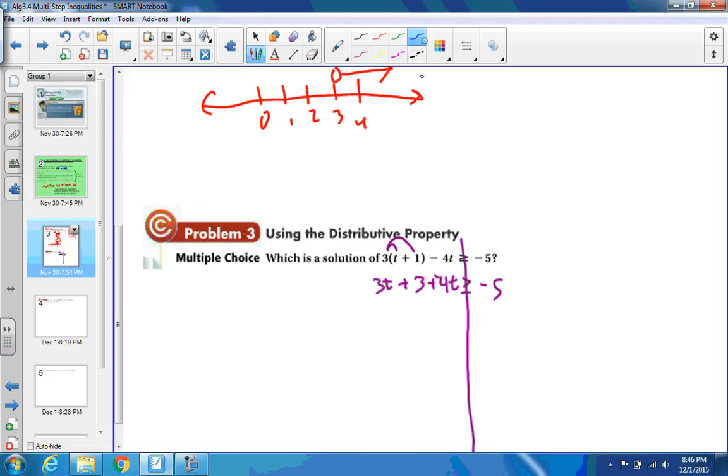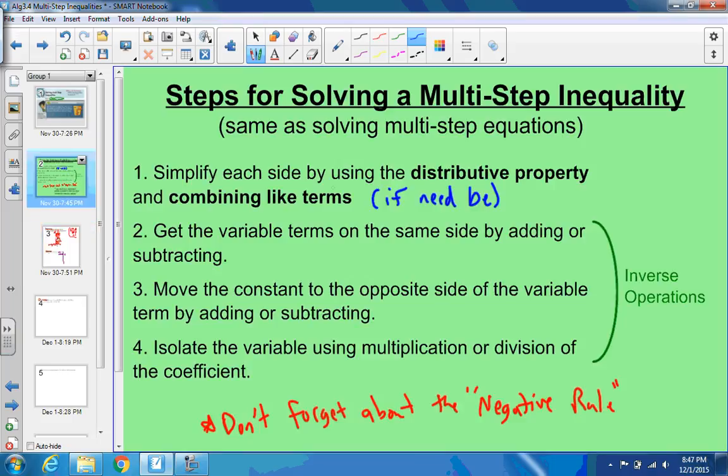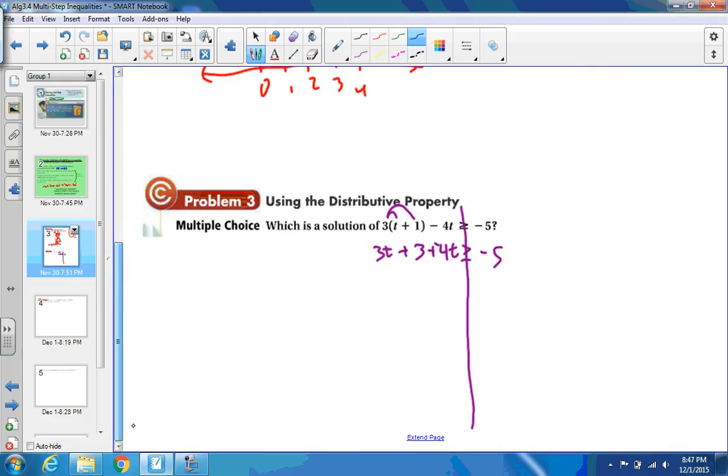So we're done with distributing, but if we look here, we have to simplify each side by distributing and combining like terms. So to finish that part, we have to combine the like terms, which we have are 3t and negative 4t. Added together to get us negative 1t plus 3 is greater than or equal to negative 5.